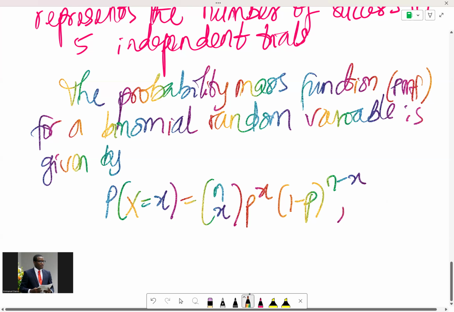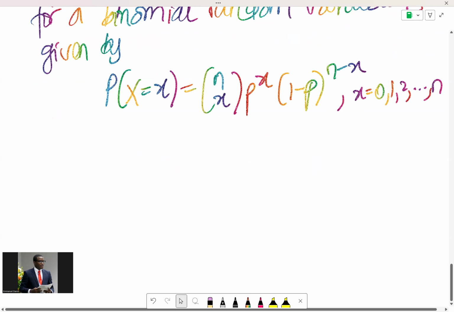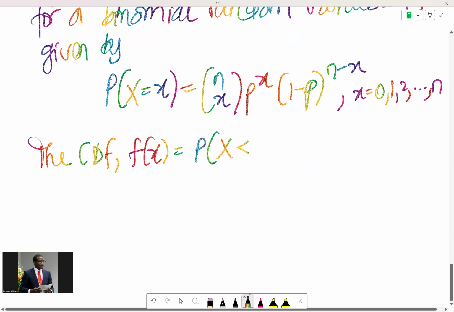And here, our x is discrete, so we have 0, 1, 2, and so on up to a particular value n. So if this is the probability mass function, the cumulative distribution function F of x will actually be equal to the probability that X is less than or equal to x.